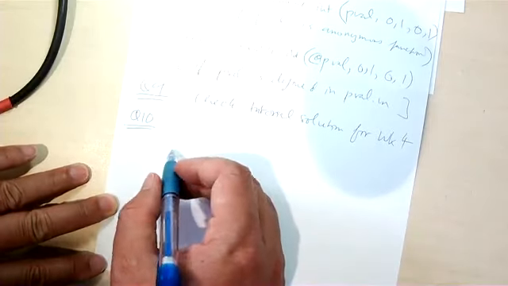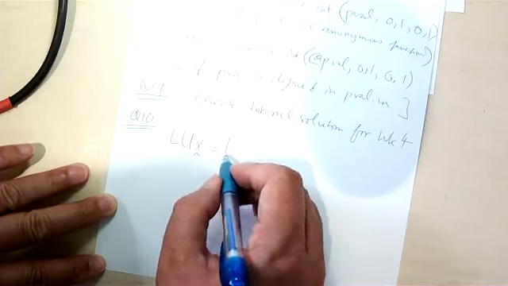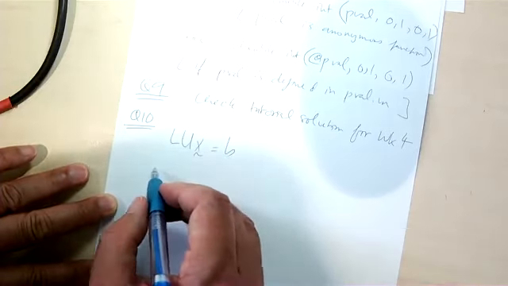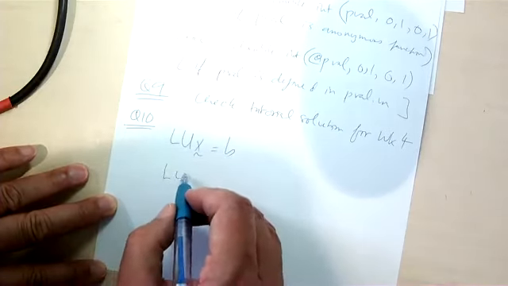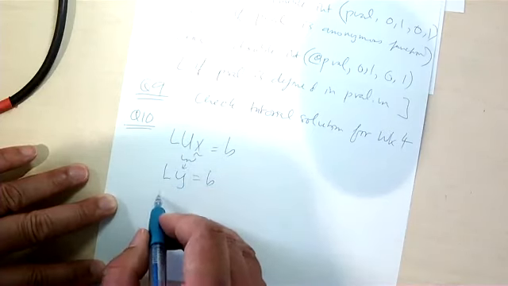For number 10, you solve LUx equal b in 2 steps. Step 1, you solve Ly equal b, then Ux equal y.